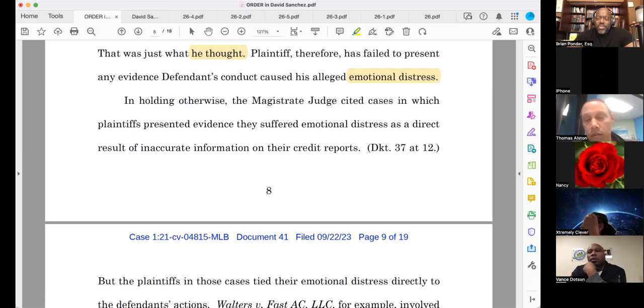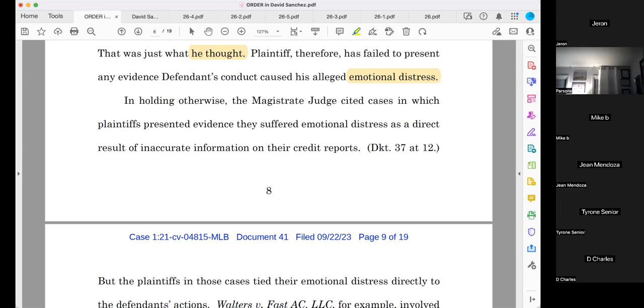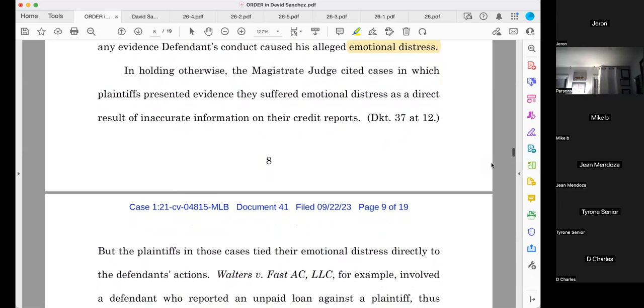Corroboration is exactly what I would say. Anybody can think or feel anything, so you need to corroborate it. But a good thing about the 11th Circuit is they allow that self-serving affidavit. That might be something you could submit. But go ahead. Who's next?